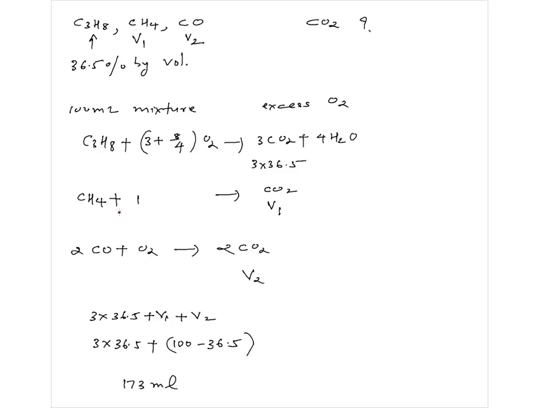Carbon monoxide is also going to react with oxygen, and that will form carbon dioxide. All three will react with oxygen. So for this CxHy: x plus y by 4 O2 gives x CO2 plus y by 2 H2O.